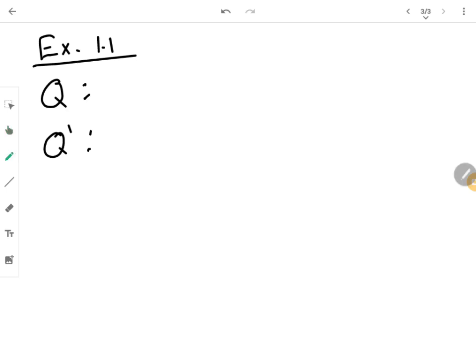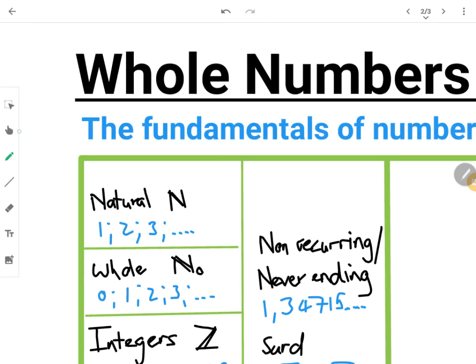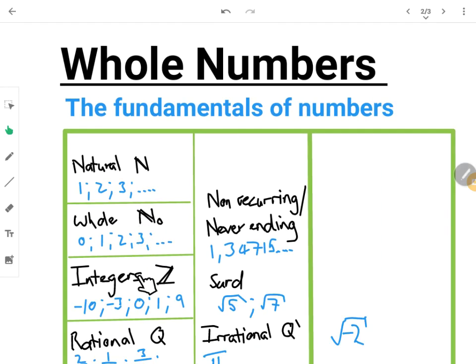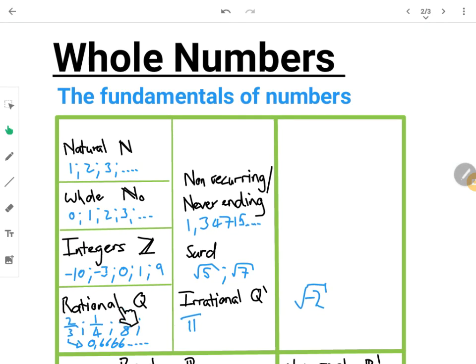So an example for rational numbers from number 1 would be, let's take the first one. Square root of 25. What's the square root of 25? Yeah, 5. So that's actually a rational number because 5 also fits into natural numbers. And natural numbers fit into whole numbers and integers and rational numbers. So square root of 25 is a natural number. It's a rational number.